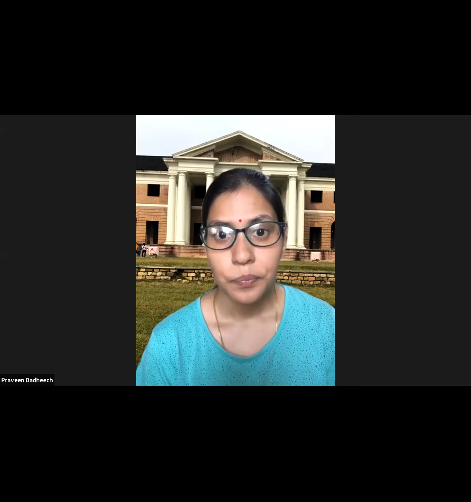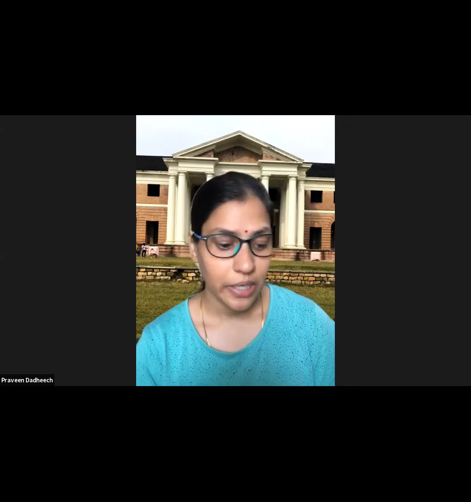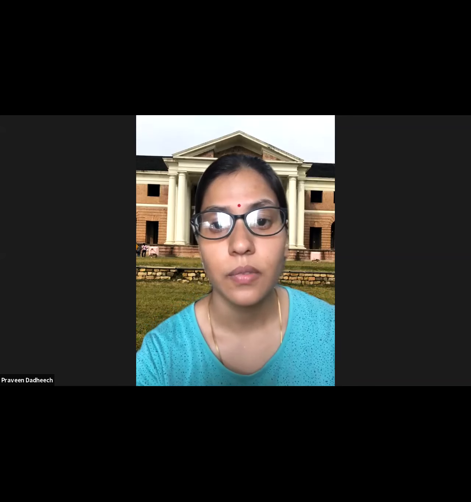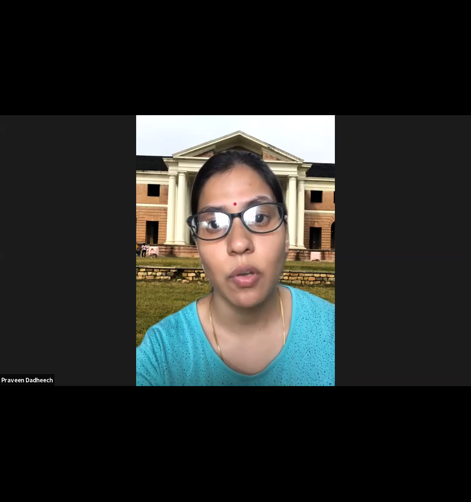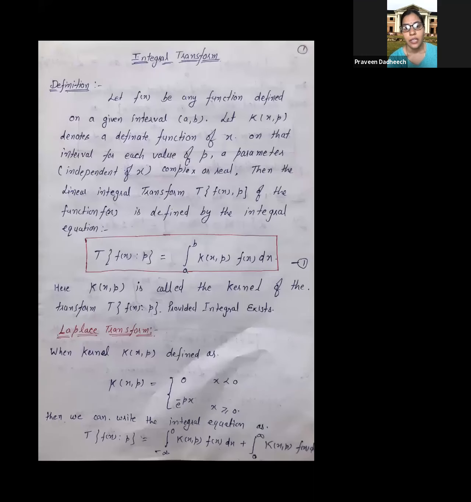It is clear. Now we can define the integral transformation of a function f(x) like this. The integral transformation of a function f(x), T of f(x) at p, equals the integral from a to b of K(x,p) f(x) dx, where the function f(x) is defined on a given interval a to b.